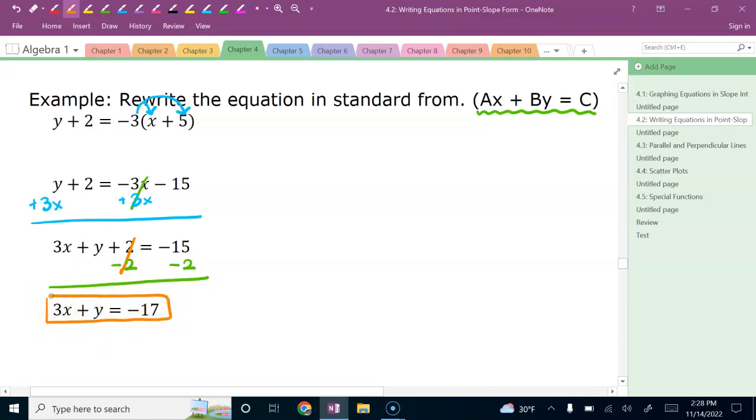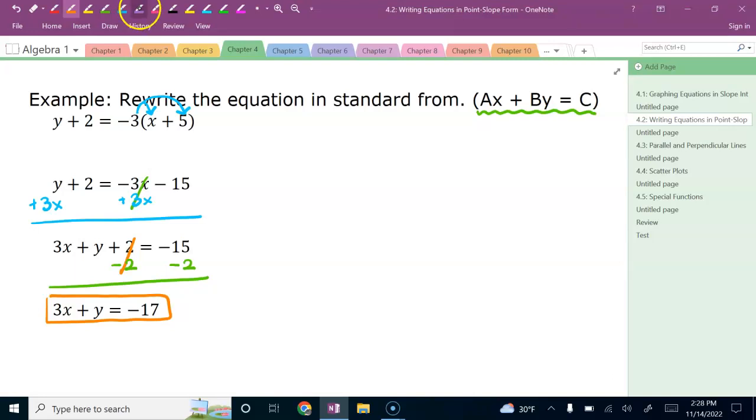The only thing that you maybe want to watch out for is when you're looking at the standard form equation, you want to make sure that your A, your B, and your C, so the numbers, don't have anything in common, like you couldn't reduce them at all. And you always want the first one to be positive. So if 3x had happened to be negative here, then I would need to switch the signs.